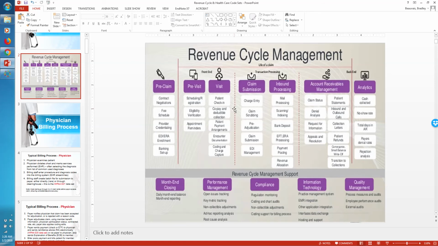Obviously, a lot of this falls under the CFO and the billing office, but this is why, as you start to look forward to your Lean Six Sigma class a little bit later in the curriculum, a process map actually helps you to understand all the steps, all the players, and all the different bottlenecks that an individual or organization might encounter.